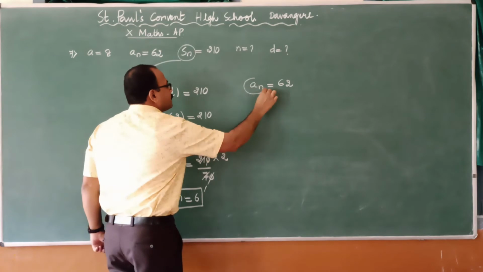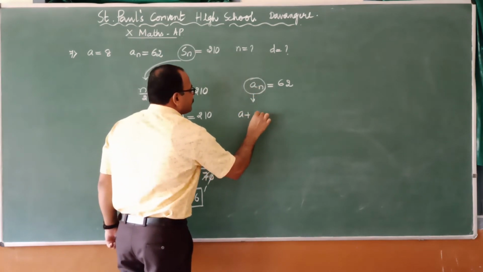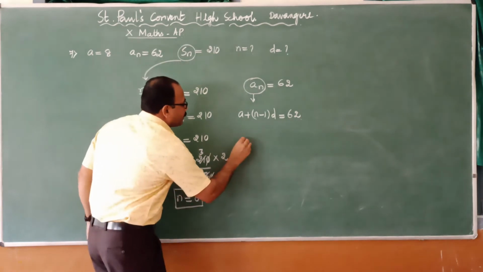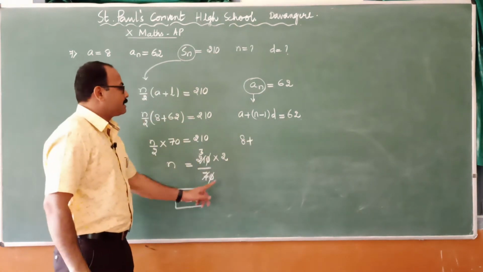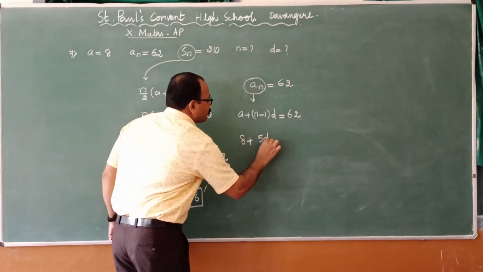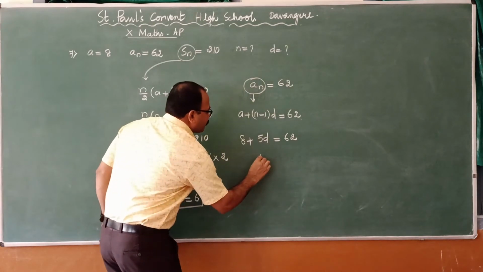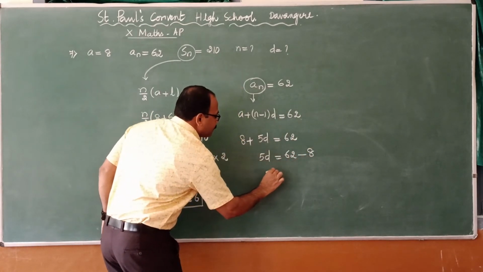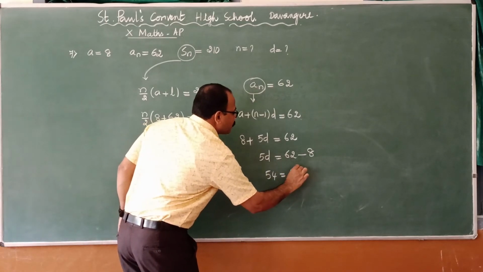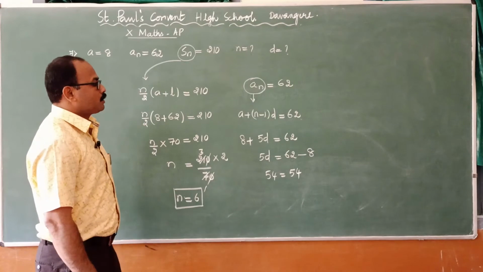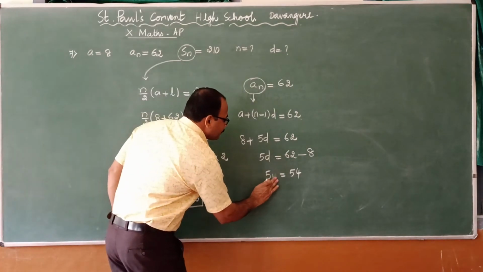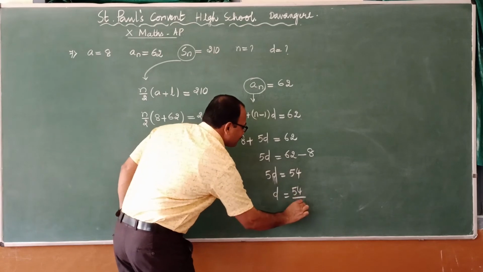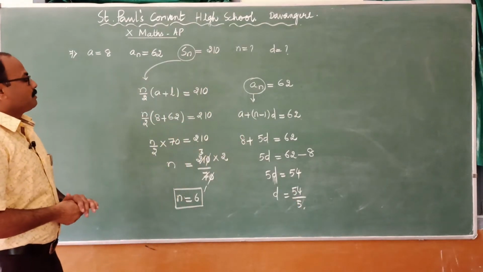Therefore, a plus (n minus 1) into d is equal to 62, where a is 8 plus n is 6, 6 minus 1 becomes 5 into d is equal to 62. 5d will be equal to 62 minus 8 on transposing, 5d will be equal to 54, children. d is equal to 54 by 5.